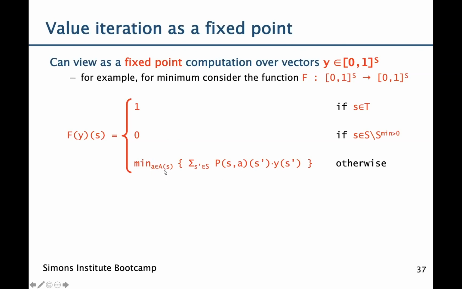We take the minimum over all actions, and then the probability of moving to a successor state multiplied by the probability value in y.